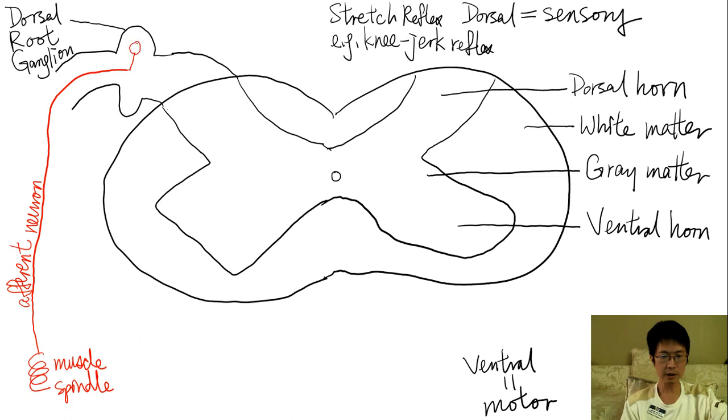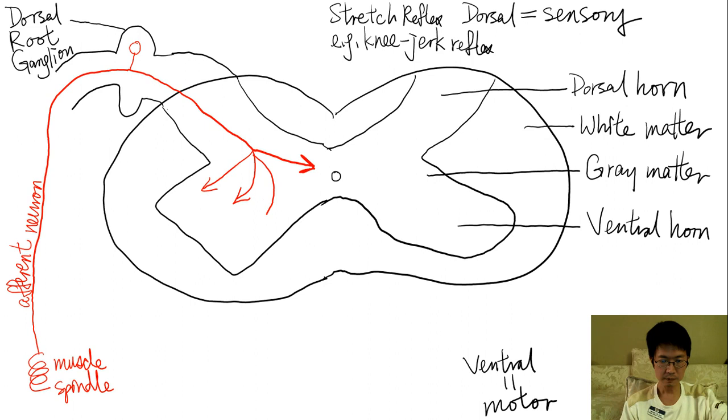And then you go in from the dorsal horn, and then you split four different ways here, here, here, and here.